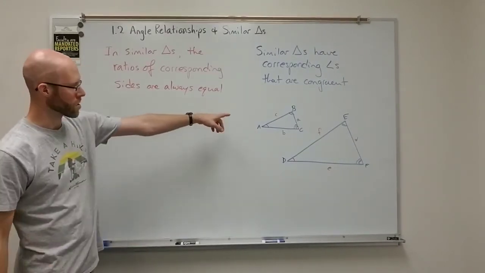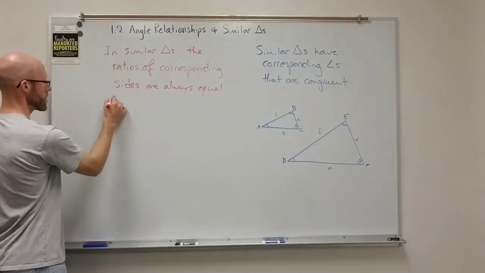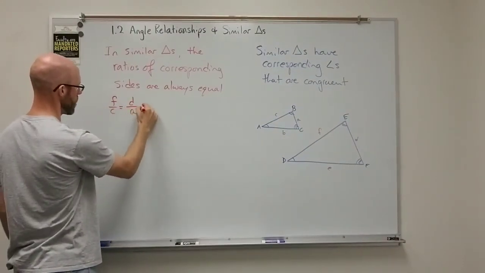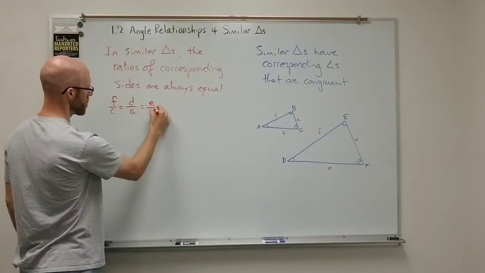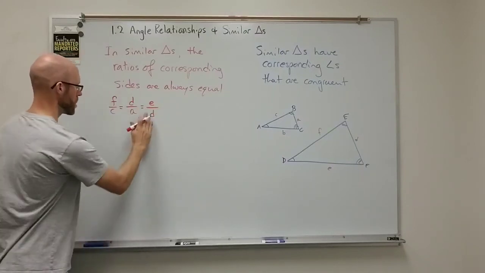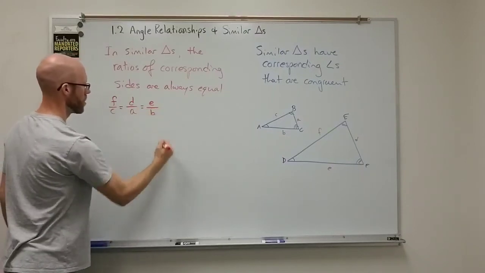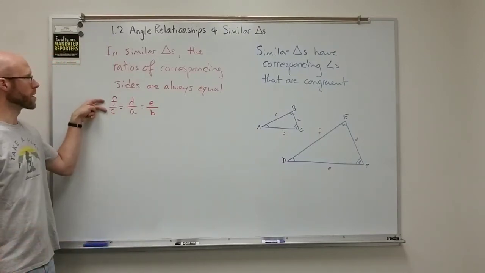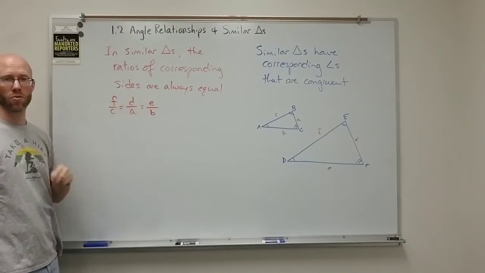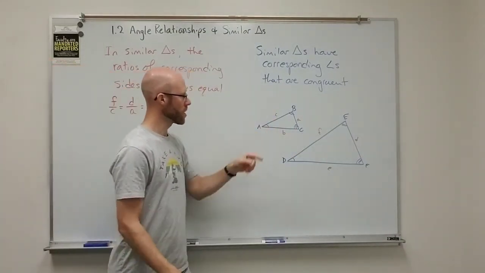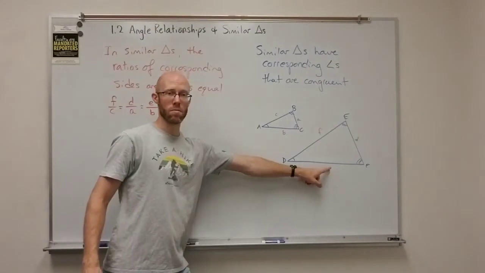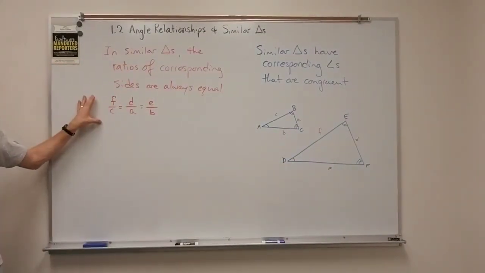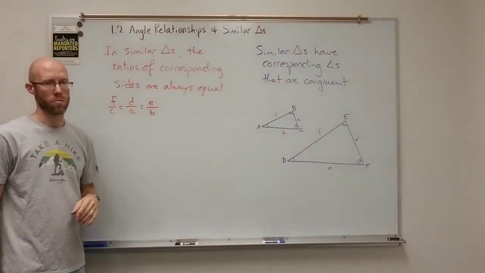So an example would be maybe F divided by C is equal to D divided by A, which is equal to E divided by B. All right, so just so you can notice here that I wrote corresponding sides within each fraction, right? So F over C is the same as D over A, which is the same as E over B. Okay, and so this is a relationship that's going to be very important as we move throughout the course.